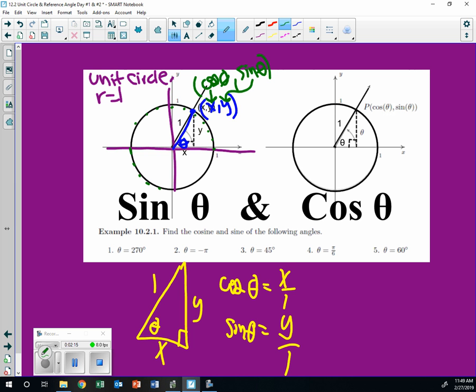All right, so let's say that somebody asked you, find the sine and cosine for these degrees. I'm going to start with this one. Theta is 270. This is 90, 180. 270 is this angle right here.